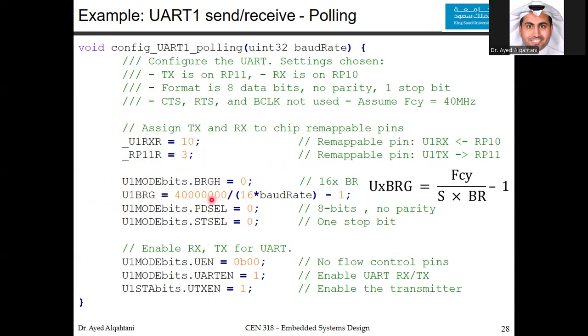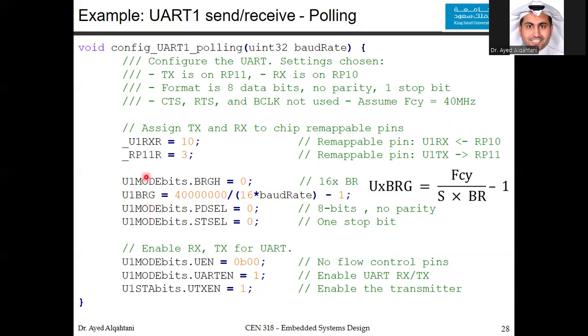The baud rate that we choose for this problem, based on the baud rate that you choose, remember the table that we discussed, you plug it in here, and we plug in the value of the FCY, which is the 40 mega, 16x, since we choose here 0, minus 1, and this is actually what we've seen in the macro that we just set up, and the BRG value will be generated.